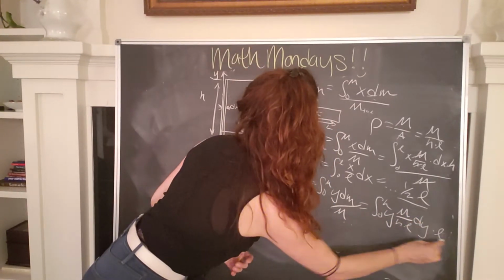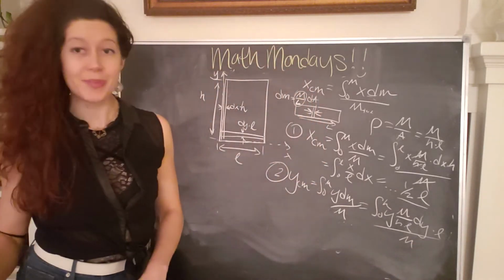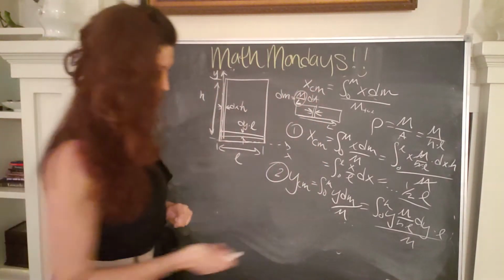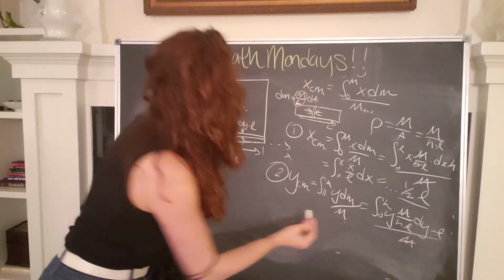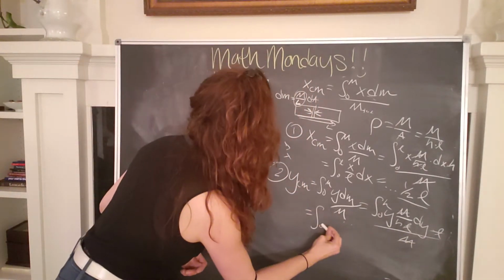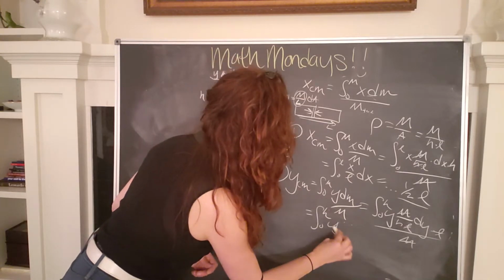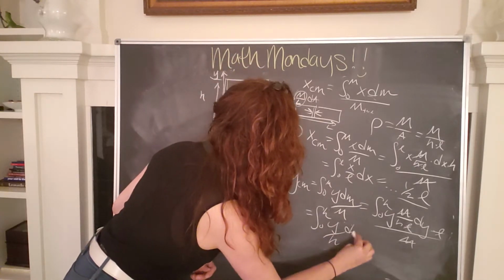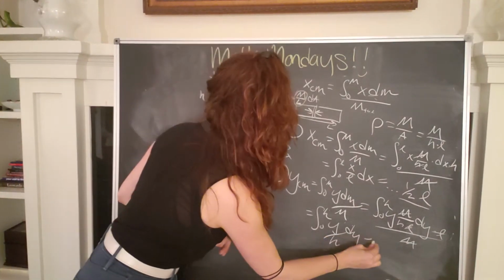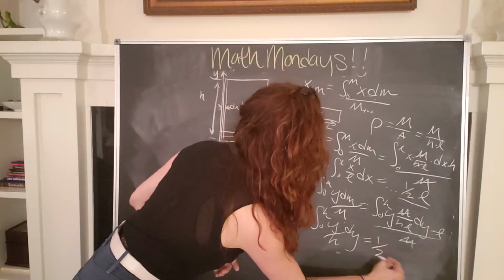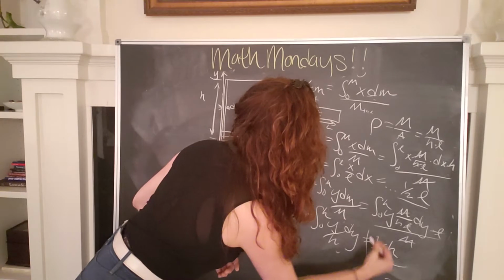And in this case, we have dy times L, and then all divided by the capital M. And again, a bunch of stuff cancels. Woo! I love when things cancel, makes our lives easier. Okay, so from 0 to h, y over h dy. Look at that. It's got the same form factor. So boom, we have our answer, 1/2 h.